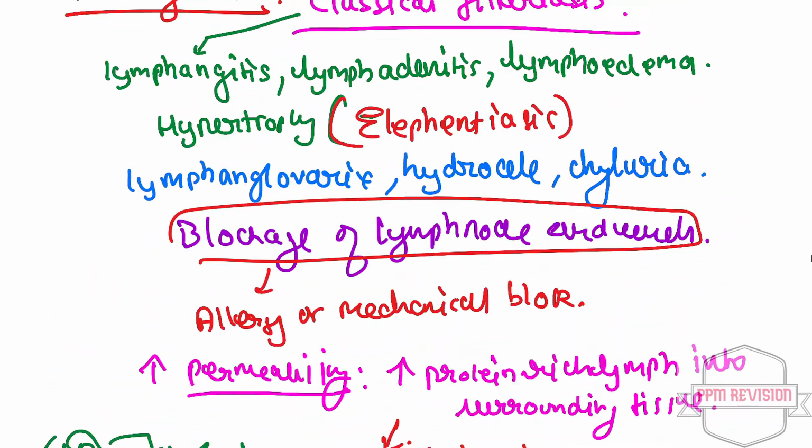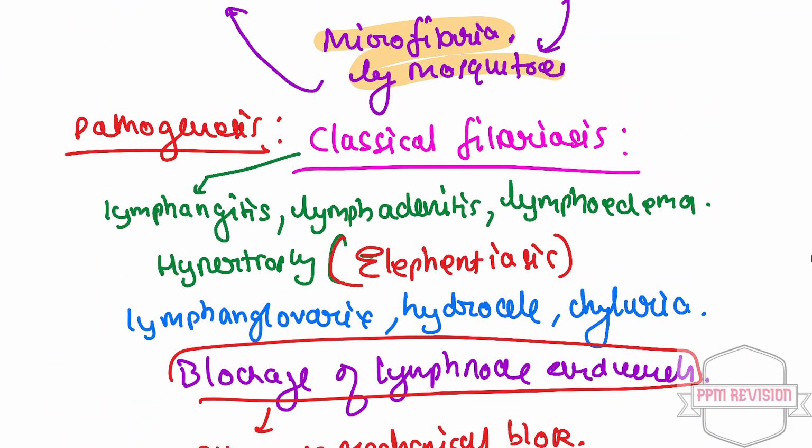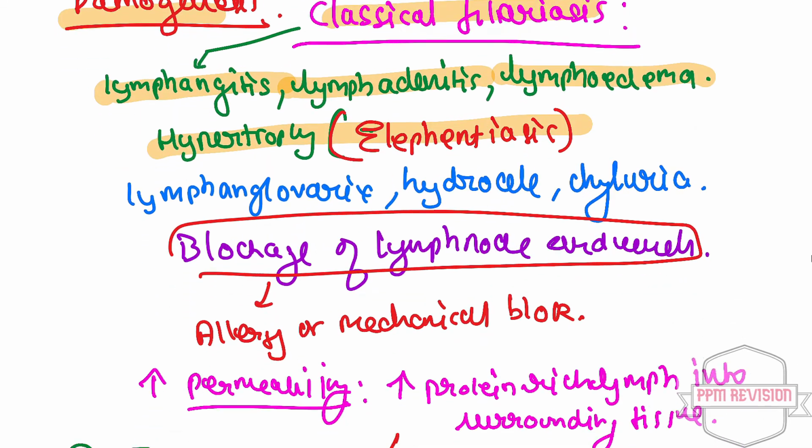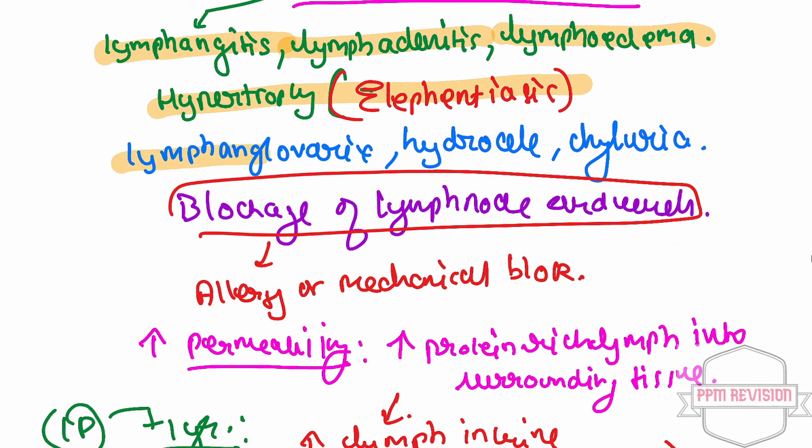So quickly to revise, we have seen the pathogenesis. It is classical filariasis. In this we have lymphangitis, lymphadenitis, lymphedema, and there is hypertrophy leading to elephantiasis, and lymphovarix, hydrocele, and chyluria are the prominent features.